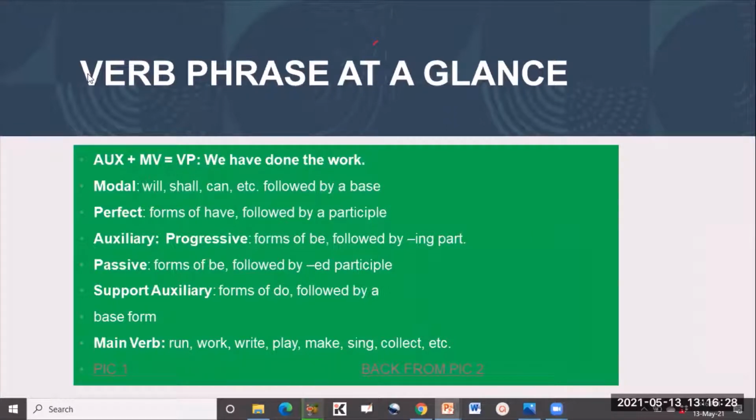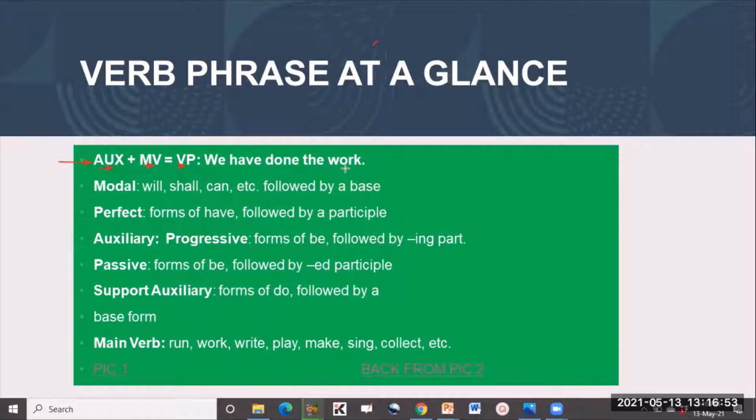Here you can see quite clearly that the verb phrase has a definite structure, and that is the auxiliary verb plus the main verb. That gives you the verb phrase. For example, we have done the work.